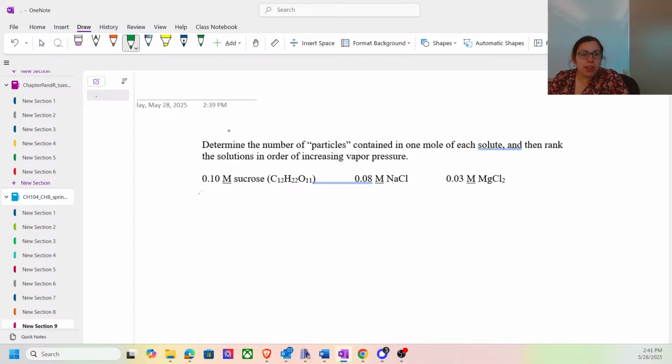So again, it's a covalent compound. So Van Hoff factor would be 1. So it's still a 0.1 molar solution, is all we're trying to say. What about sodium chloride? So how many particles would it make in solution?